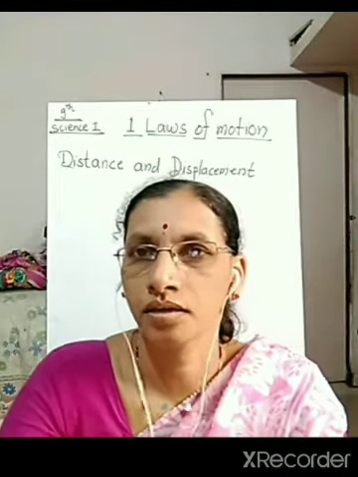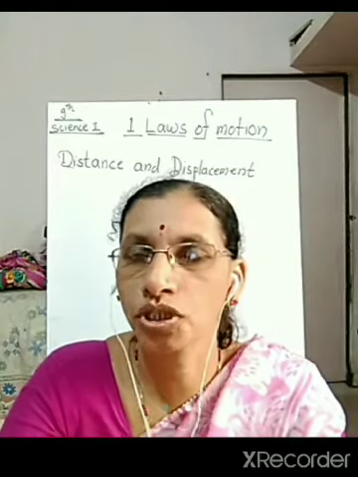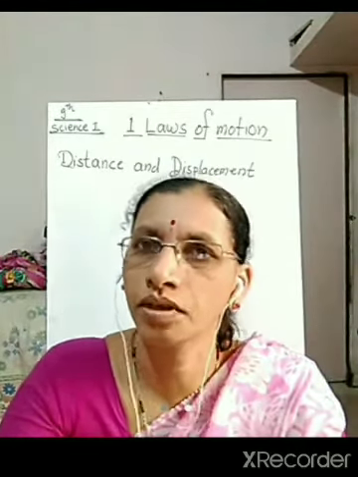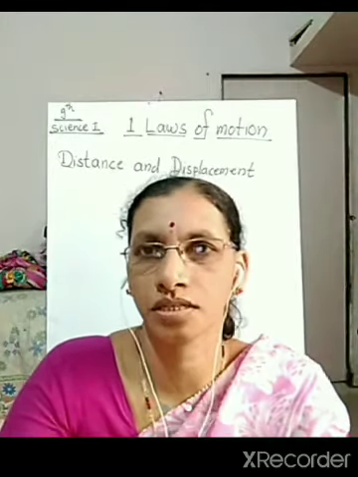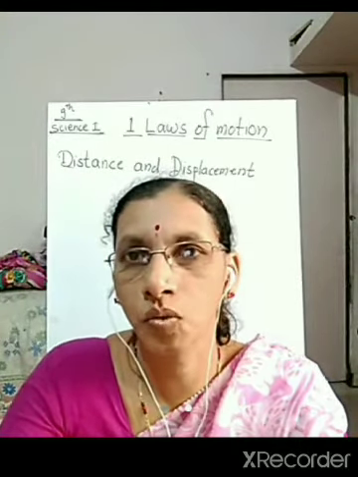This means that an object may appear to be in motion for some observer, but at the same time that object appears to be stationary for some other person, and this means that motion is a relative concept.